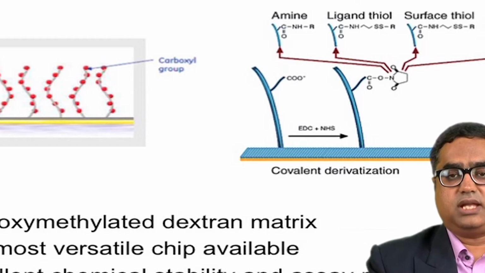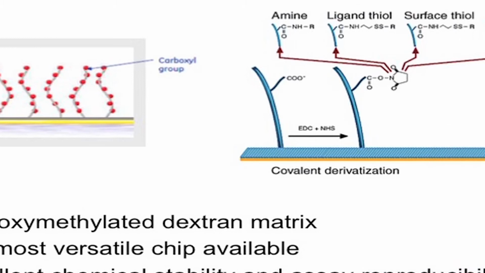The glue attaches the dextran to the gold, and on the surface of the dextran you see those small areas which are called carboxymethyl groups, which get activated, and the activation of the carboxymethyl groups helps us to immobilize our ligand by amine coupling, thiol coupling, or aldehyde coupling.